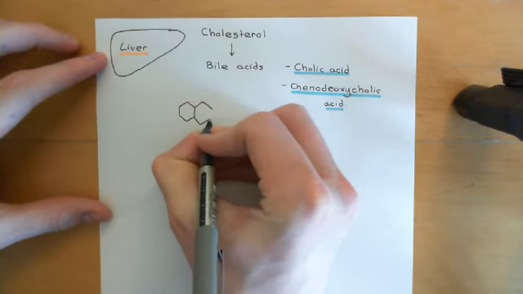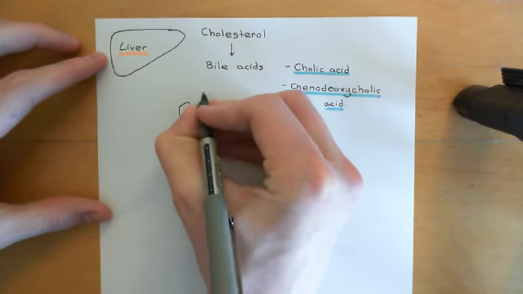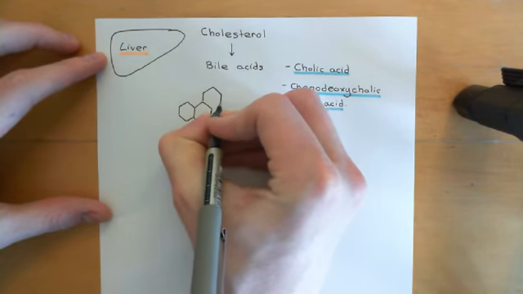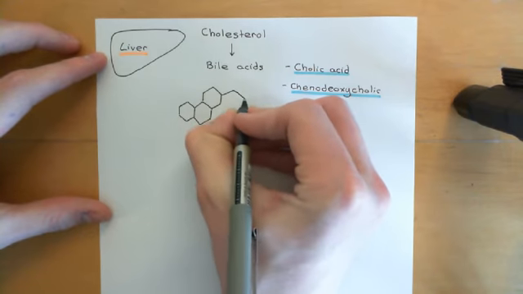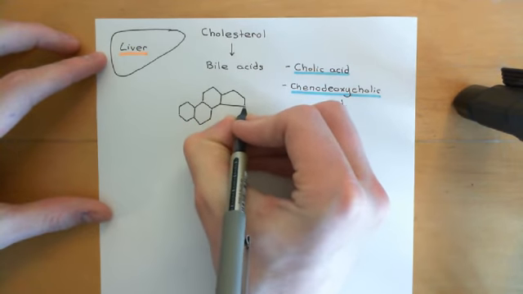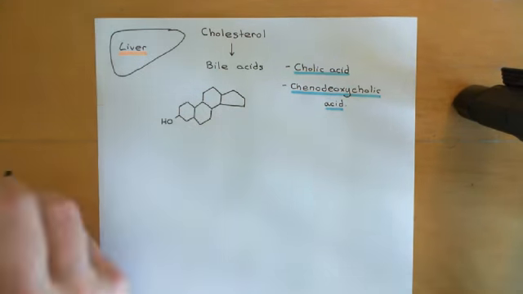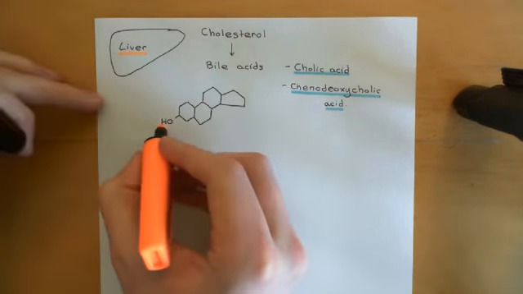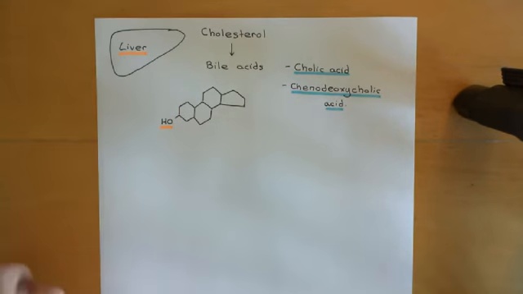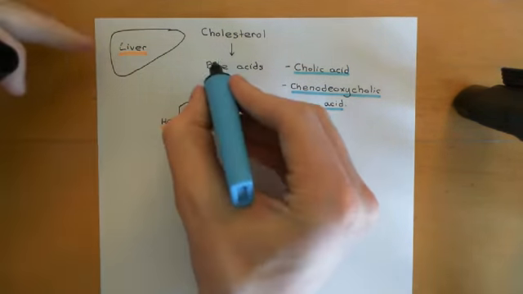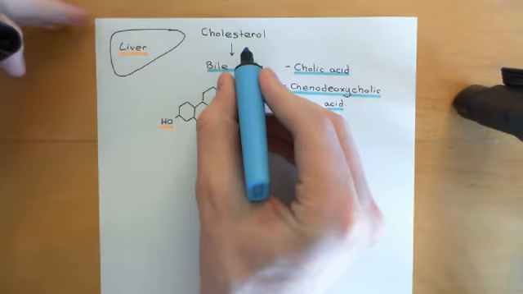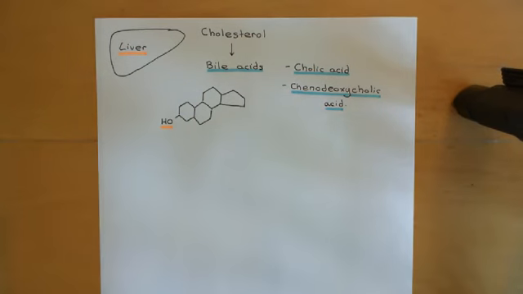So here is ring B, then we've got ring C here, and then finally ring D over here, and then we'll of course have the alcohol group coming off carbon number 3 right down here. These molecules, cholic acid and chenodeoxycholic acid, the bile acids, are going to have similar structures to cholesterol but modified.